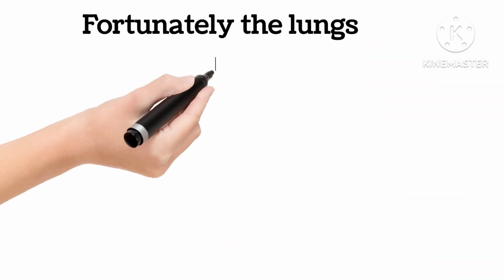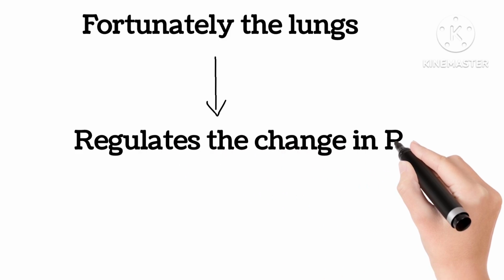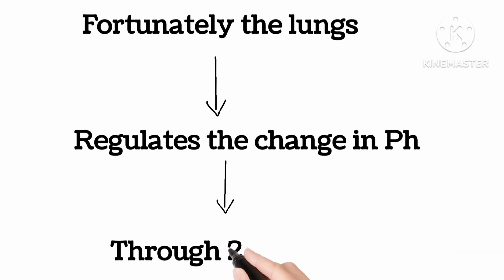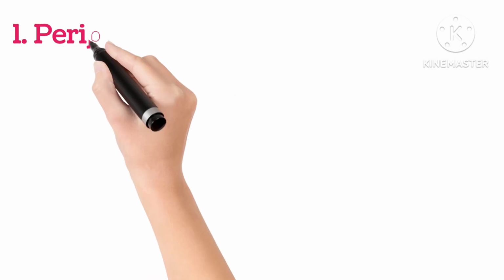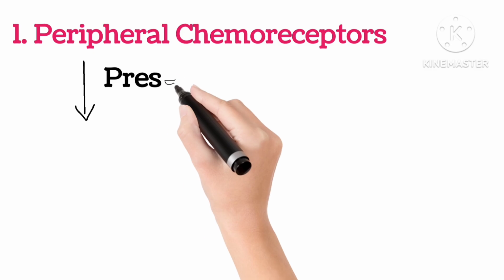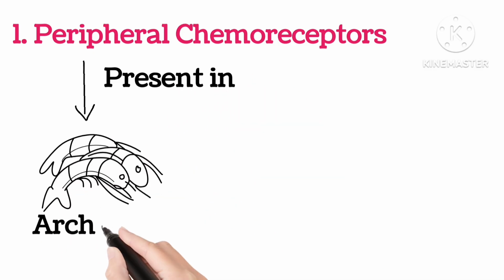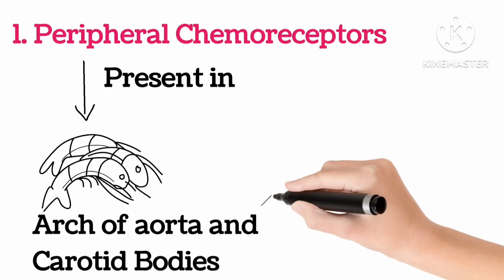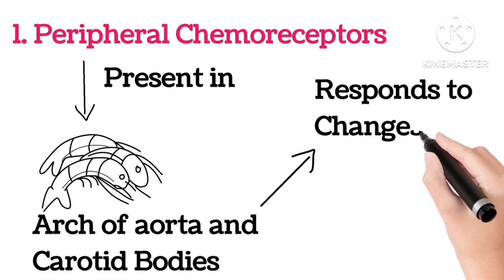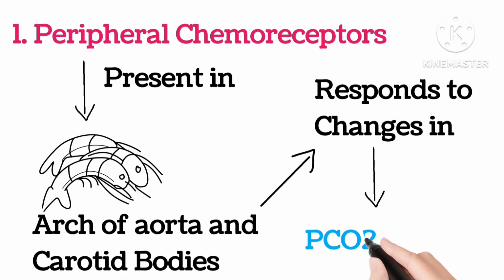Fortunately, the lungs regulate this change of pH brought about by a rise of carbon dioxide or fall of bicarbonate by acting through two important regulatory centers of the body. One, the peripheral chemoreceptors, which are present in the arch of the aorta and carotid bodies, and these respond to changes in PCO2 and PO2 levels.